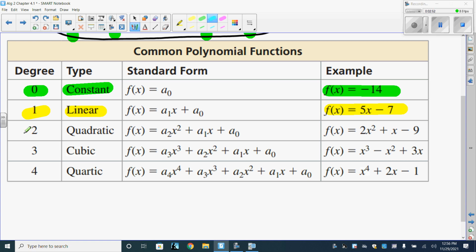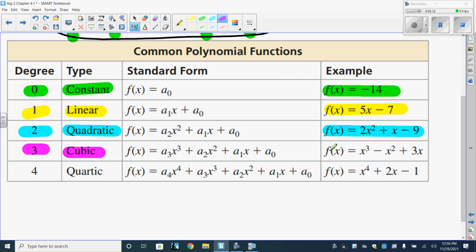Now, degree 2 would be a quadratic, which we spent a good bit of time in Chapter 3 talking about quadratics. And they provided us with an example of a quadratic. Now, degree 3 would be a cubic function.